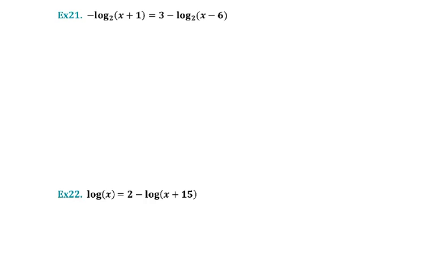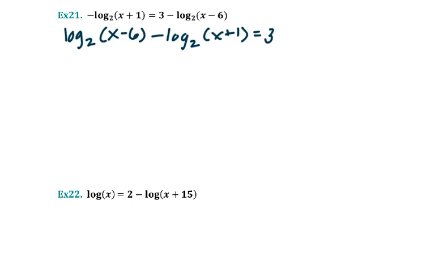So adding the log to both sides, I'm going to end up with log base 2 of x minus 6 minus log base 2 of x plus 1 equals 3. I just moved my terms around so that I would have a positive in front, because this was negative on the right. When I moved it to the left, it became positive.